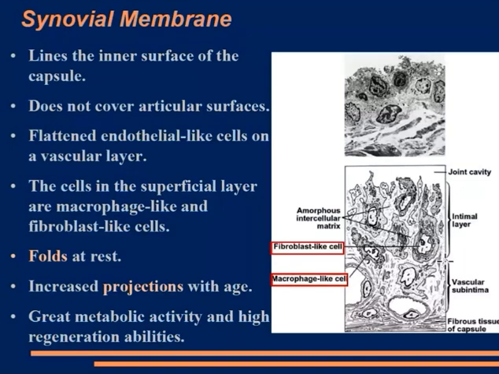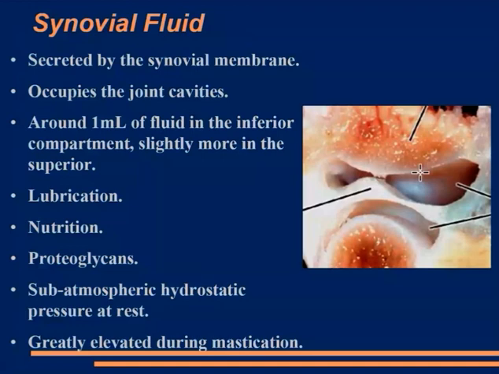As a function, it secretes the synovial fluid, which occupies the joint capsule. The inferior cavity has almost 1 ml, while there are slightly larger amounts in the superior joint cavity.